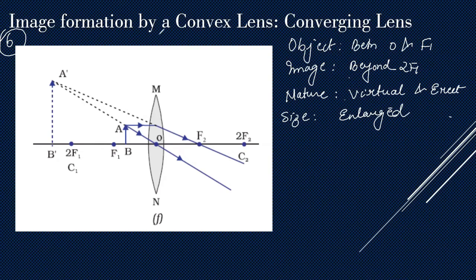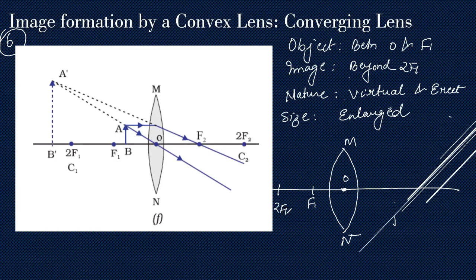So now let us try to draw this. Convex lens, principal axis, optical center, aperture of the lens. This is F1, 2F1, F2, 2F2. Always take the same two rays.